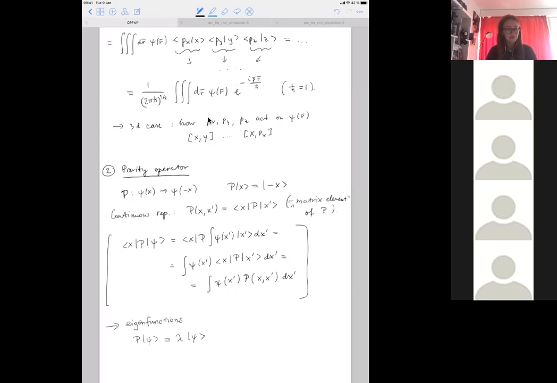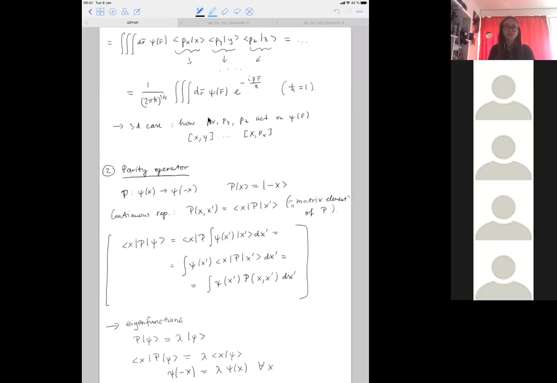Going back to the x representation, here we would get that psi of minus x would be equal to lambda psi of x. And this has to be true for all x, right?